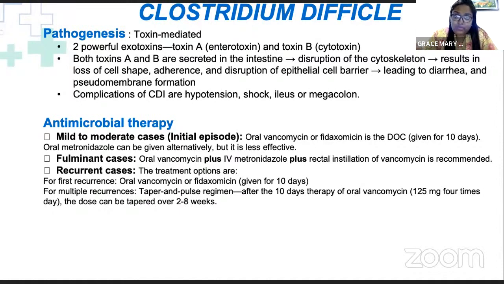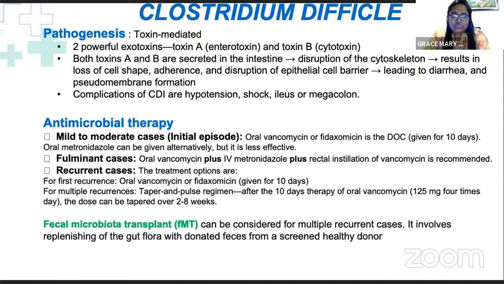For mild to moderate, it is 125 mg, but for a severe case, you give as high as 500 mg every 6 hourly. So dose is something that you have to look for based on the mild, moderate, severe category. Based on recurrence, the dose can also change.